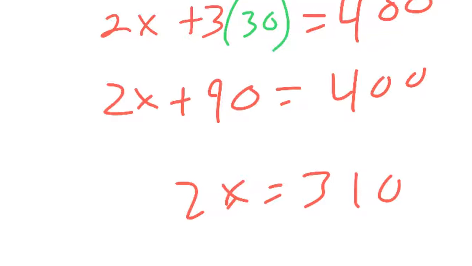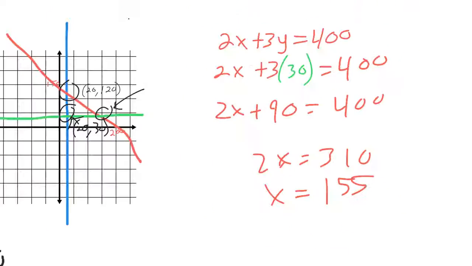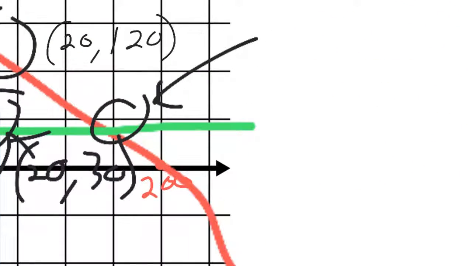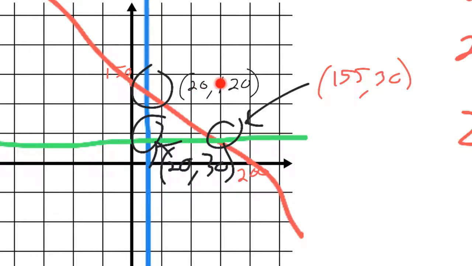So we divide both sides by 2. You get that x is 155. So we got the x coordinate now. This one's 155, comma 30. So now we have all three vertices: 20, 120; 20, 30; and 155, 30.